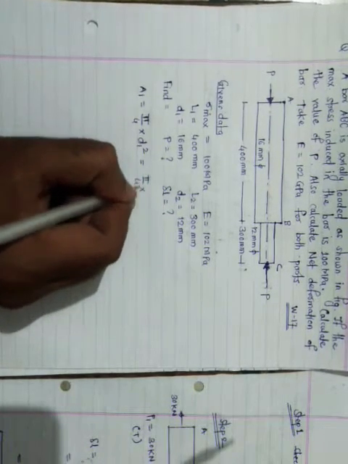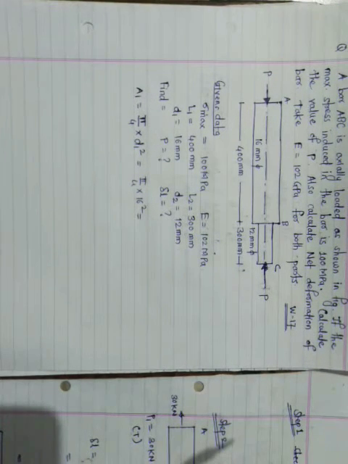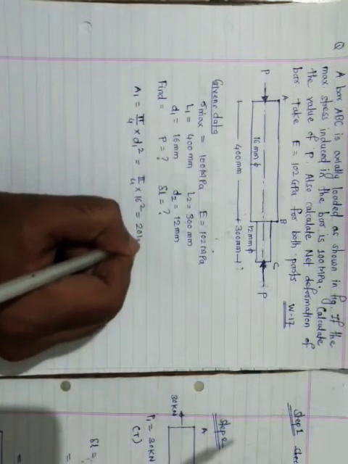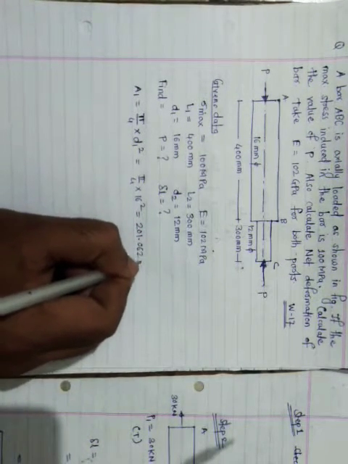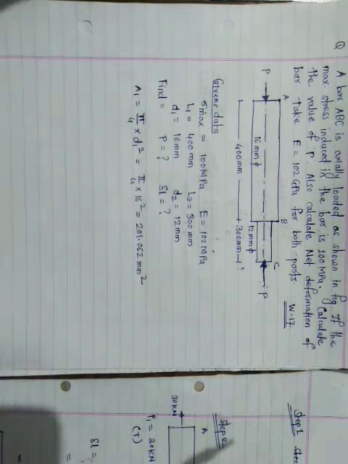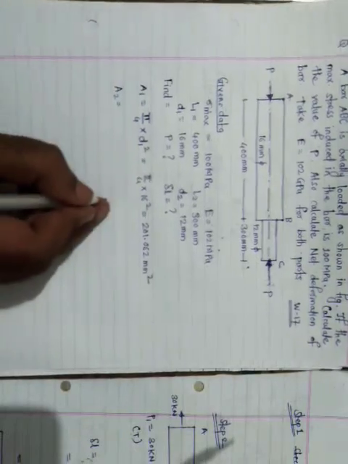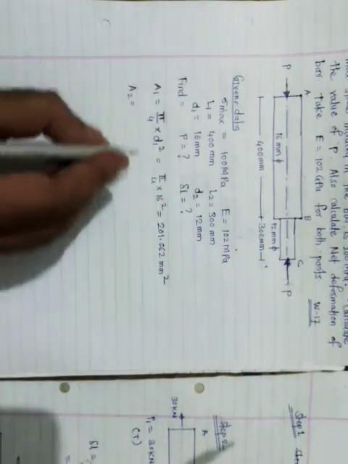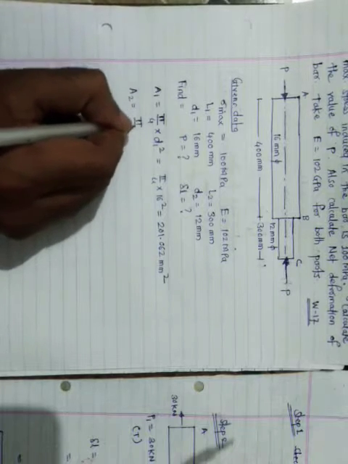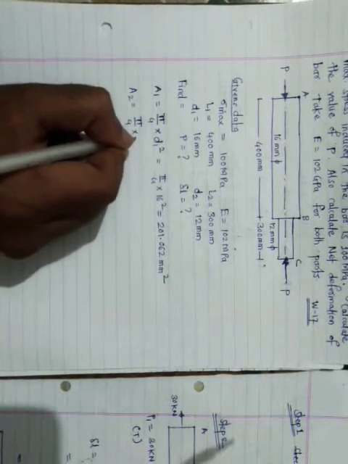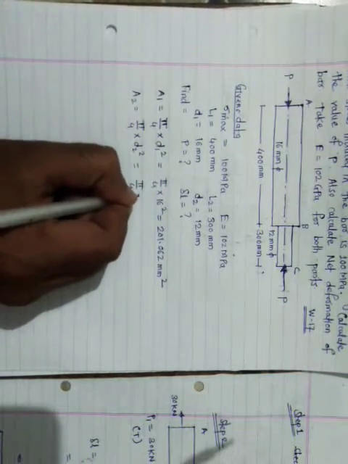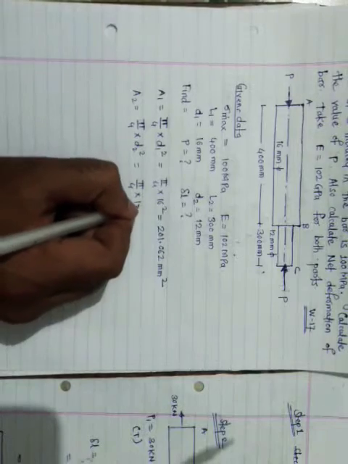Pi by 4 into 16 mm squared gives 201.062 mm squared. Then the area for part BC, which is also circular in cross section, uses the formula pi by 4 into D2 squared, that is pi by 4 into 12 mm squared.